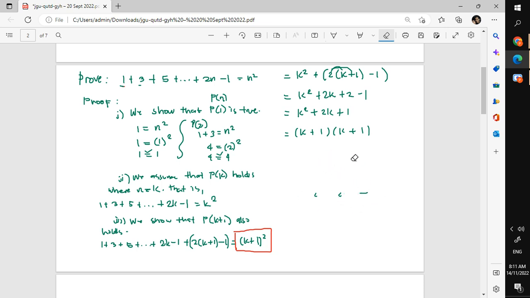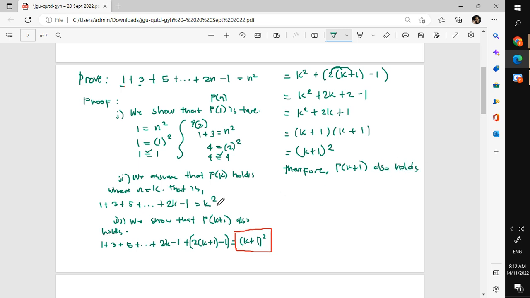Now we will go back to our very own aim to have k plus 1 squared. So k plus 1 times k plus 1 is just equal to k plus 1 squared. We have successfully proved the given statement. Therefore, we will write down that P of k plus 1 also holds.